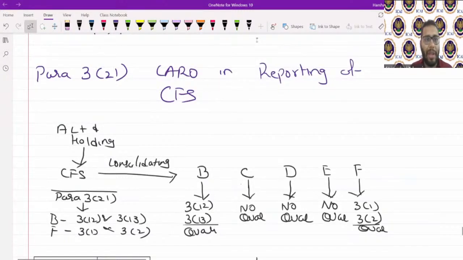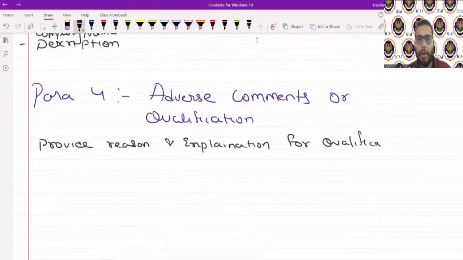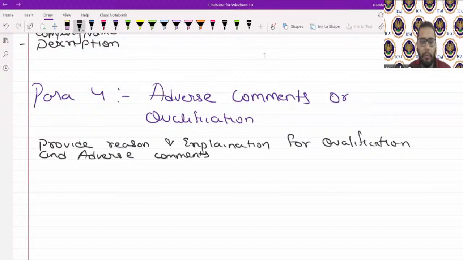So provide reason and explanation for your qualifications and adverse comments. That's it. So you need to provide details of qualifications and adverse comments.